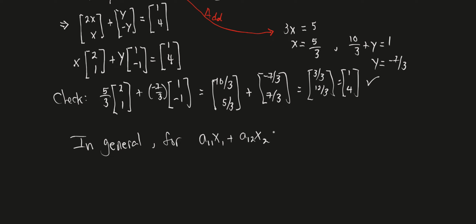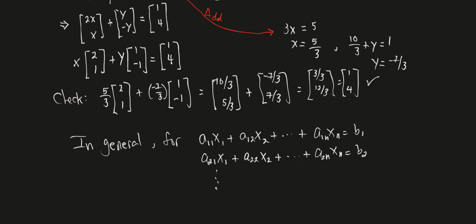So let's do dot dot dot and then plus a1n xn, and then we have b1, and then a2,1 x1 plus a2,2 x2 plus dot dot dot a2n xn, that's equal to b2, and then we go down until we have m rows.